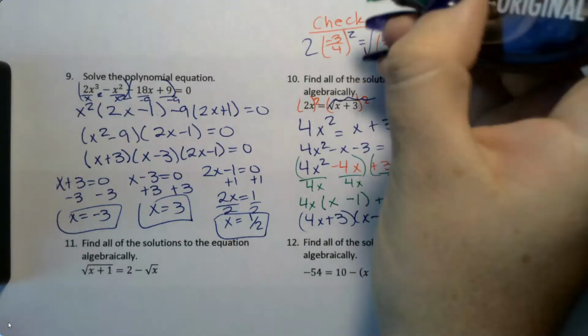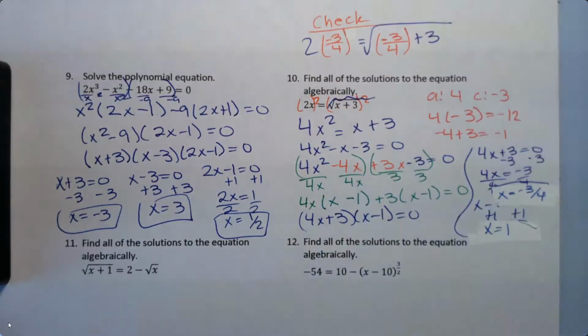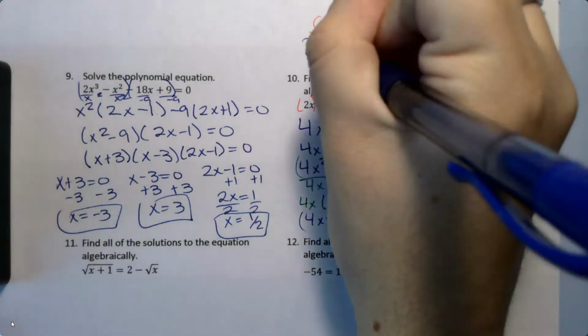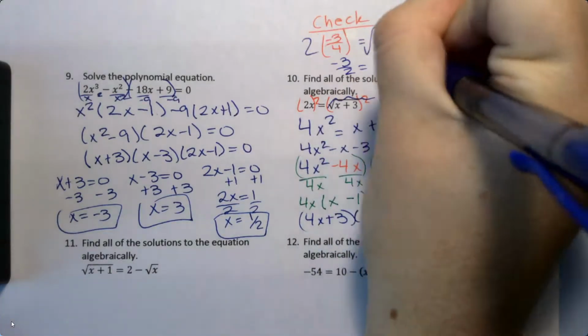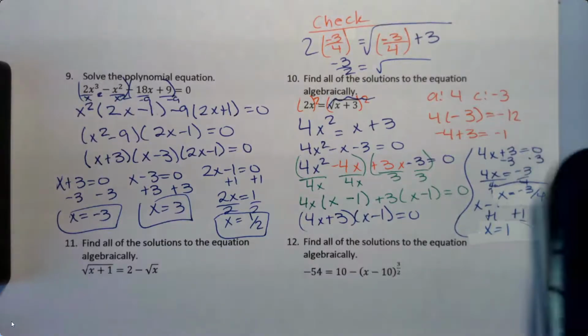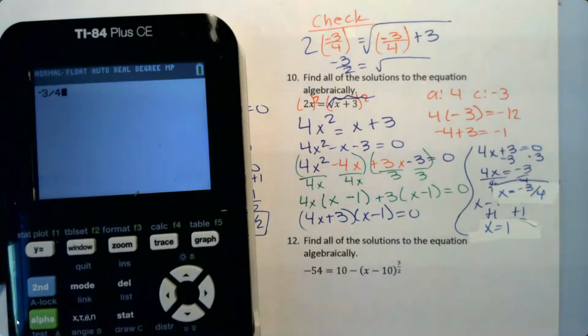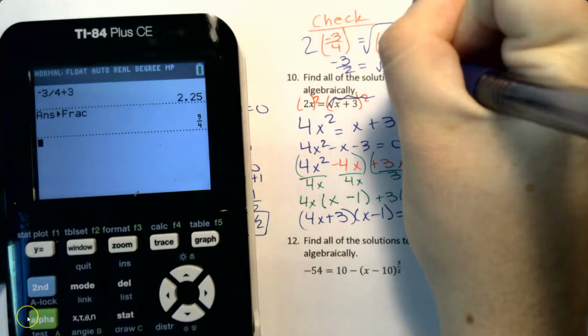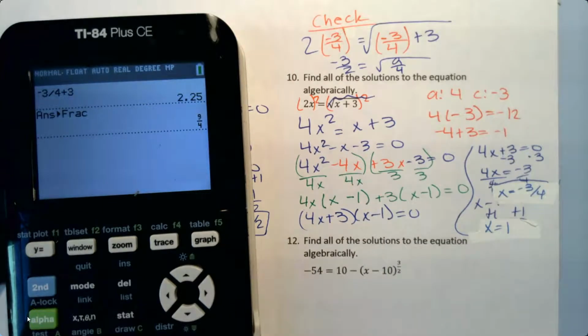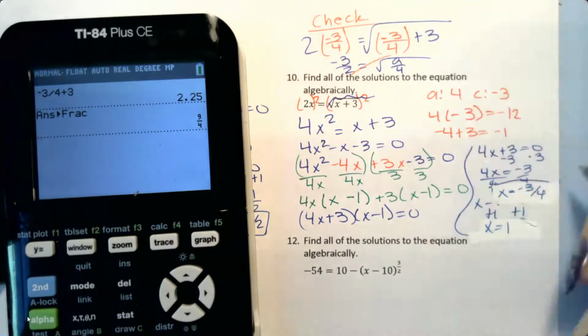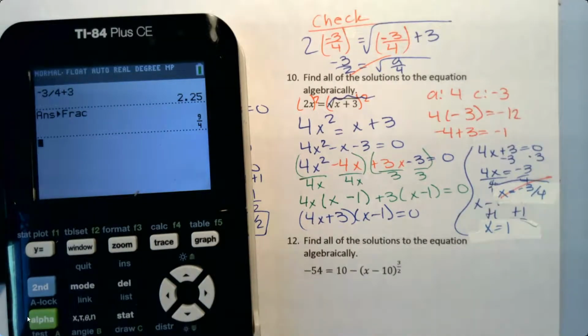I have 2 times negative 3/4, which gets me negative 3/2 equals the square root of, and I can add negative 3/4 and 3 on my calculator. Now if I go math, enter, enter, it turns it back into a fraction. So 9/4. Whenever I have a square root, that's already printed on the paper, it has to give me a positive answer. So this answer doesn't work. So it's not going to equal negative 3/4.